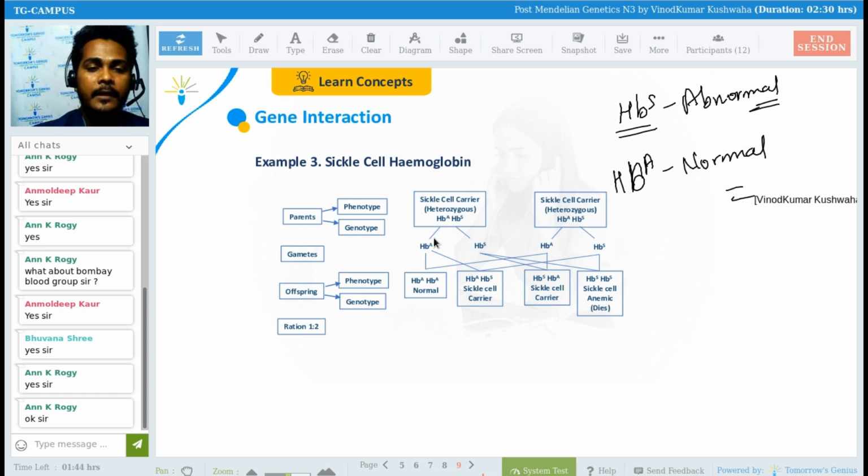Now what happens? A person with HbA HbA genotype has normal hemoglobin.